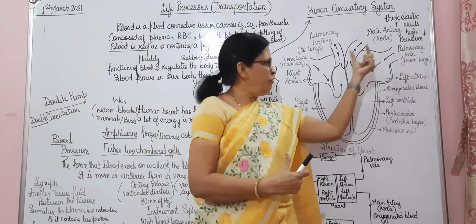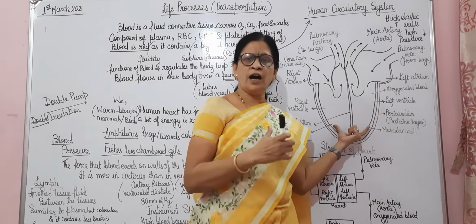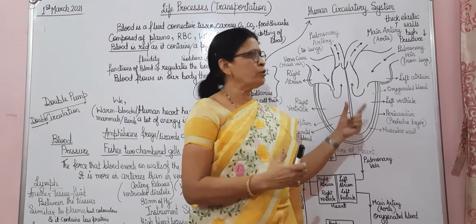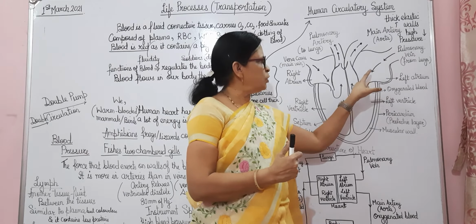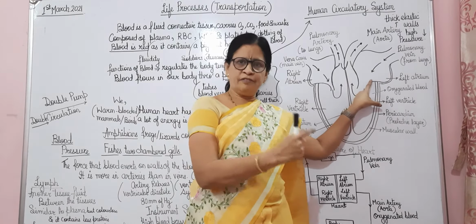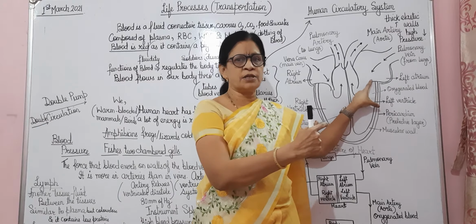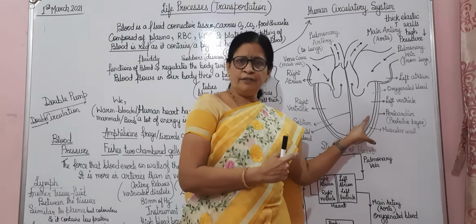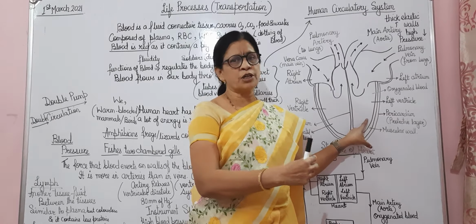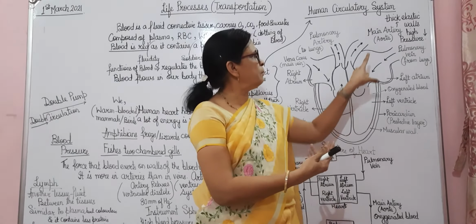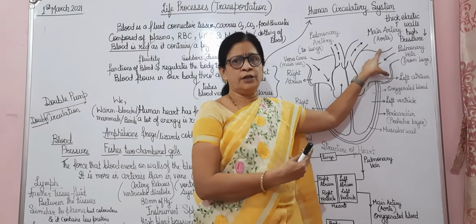So remember, when all the 4 chambers of the heart relax, the blood from the pulmonary vein comes into the left atrium. When the left atrium contracts, the blood comes into the left ventricle. When the left ventricle contracts, the blood flows into the whole body through the main artery, the aorta.